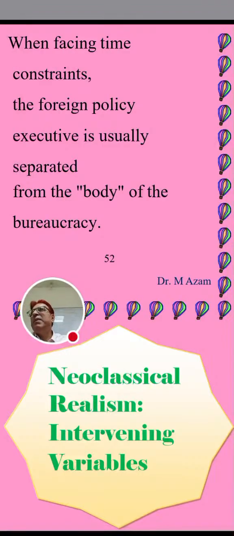For example, the president, prime minister, or foreign minister has to make a quick decision, so there's no time to consult with the bureaucrats. Here, the foreign policy maker has more influence on foreign policy decisions.